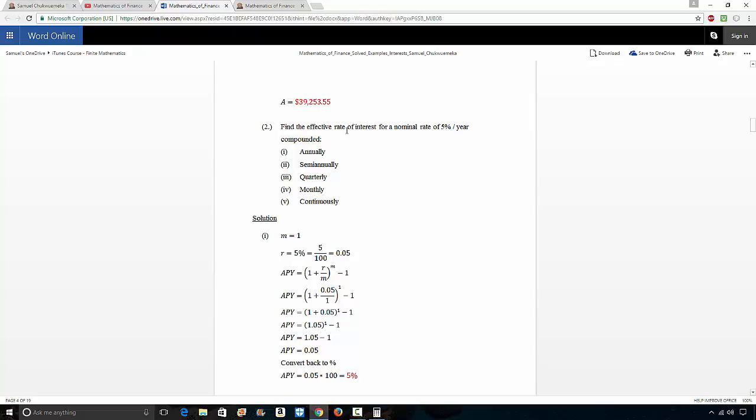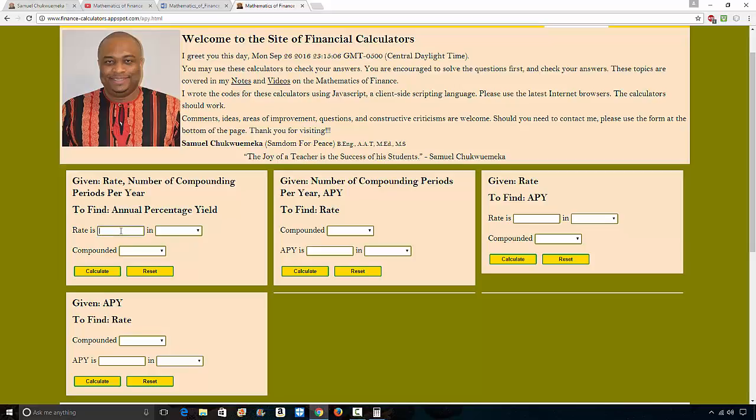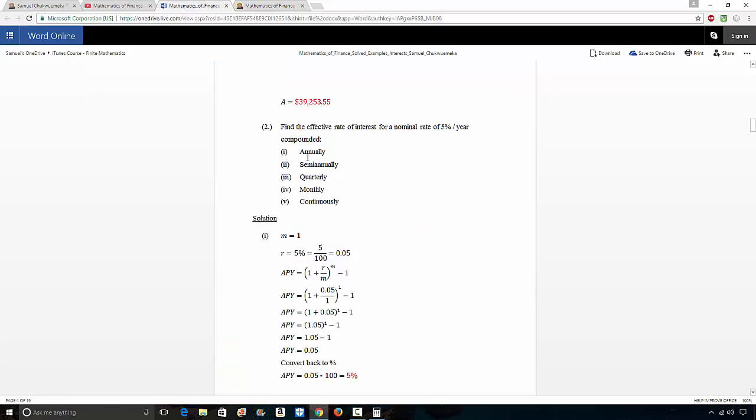But I'm asked to find the APY, annual percentage yield, for 5% per year, compounded semi-annually. So the rate is 5%, compounded semi-annually. Calculate. So that gives you 5.0625%. And that was the same thing here. It's just that I rounded here. So that is how you find it.